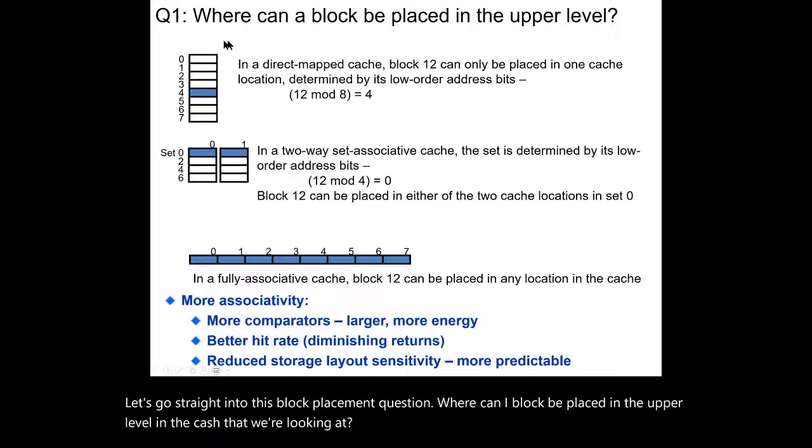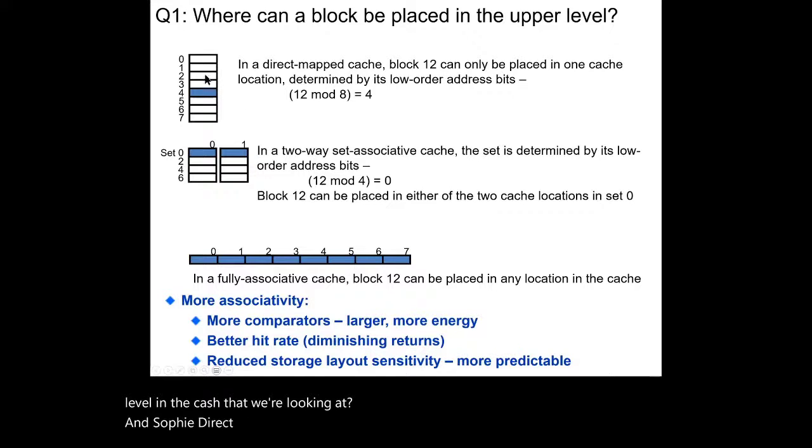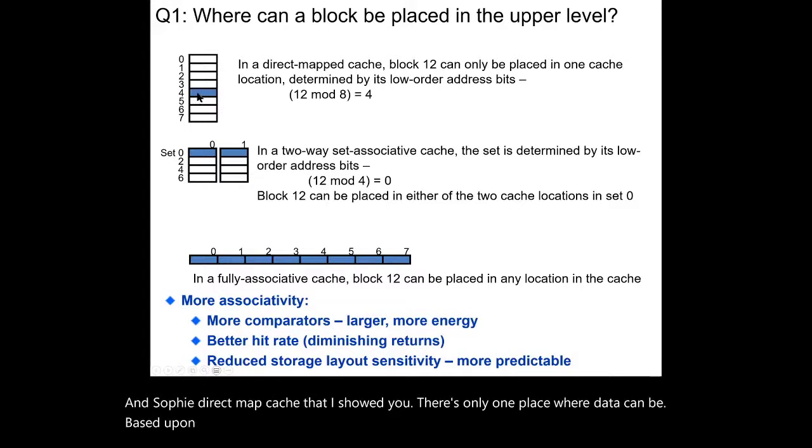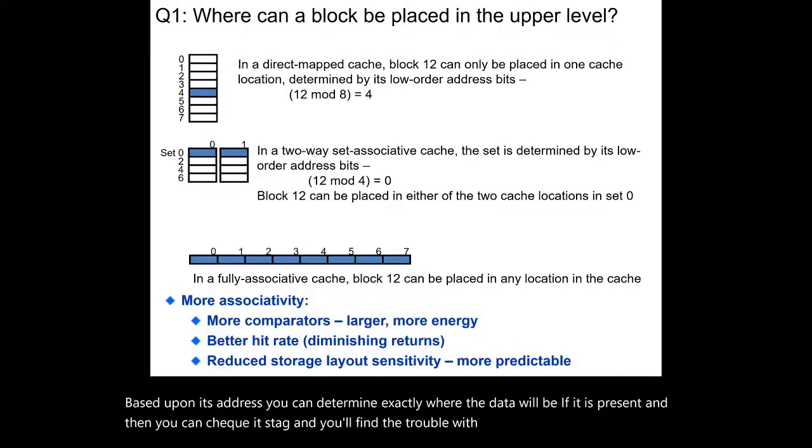In the direct mapped cache that I showed you, there's only one place where data can be. Based upon its address, you can determine exactly where the data will be if it is present, and then you can check its tag and you're fine. The trouble with that is the associativity conflicts problem that I mentioned to you.